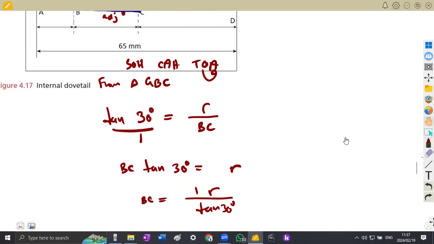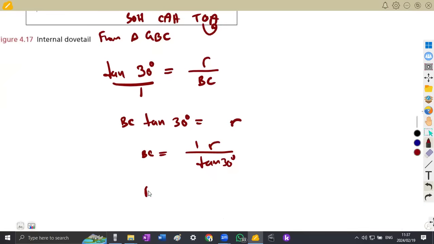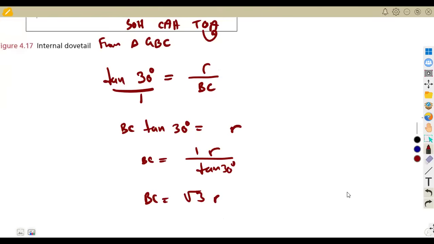So BC is the square root of 3, but multiplying R. Remember, we simplified this and it gave us the square root of 3, but there's an R that we are multiplying. You can write it as a decimal, or you can leave it like that. It's up to you in your simplification.